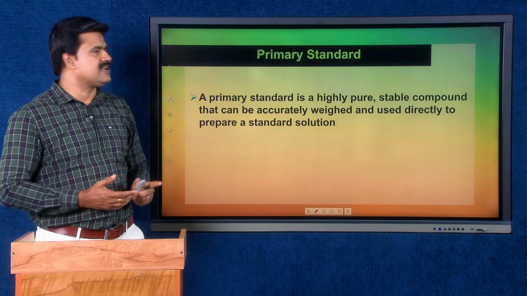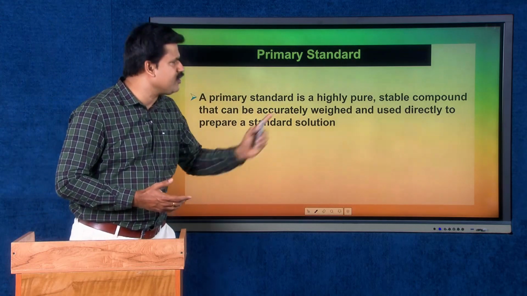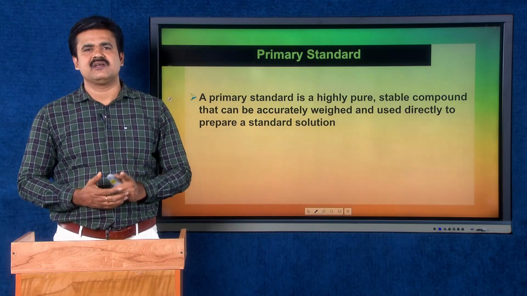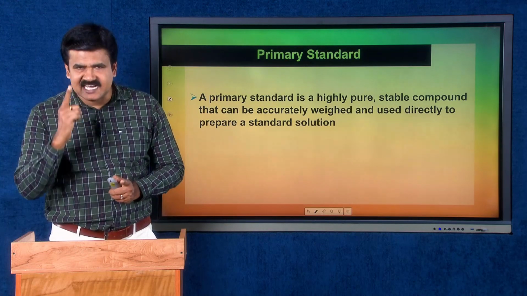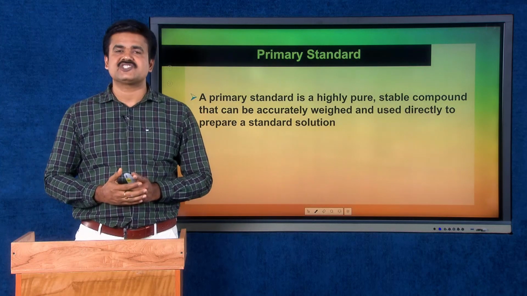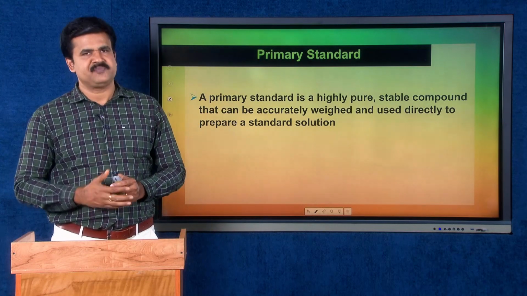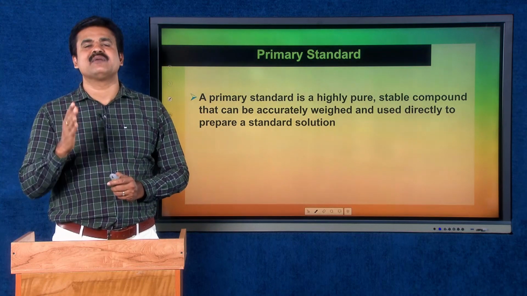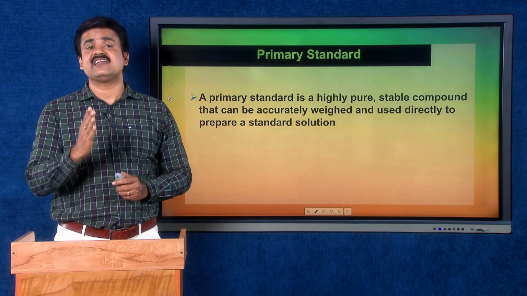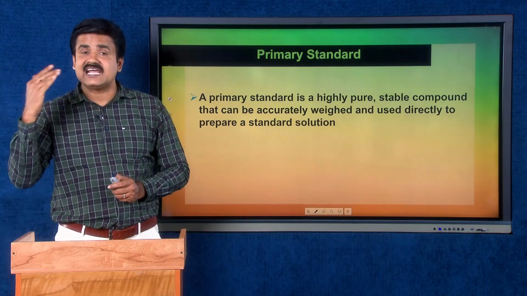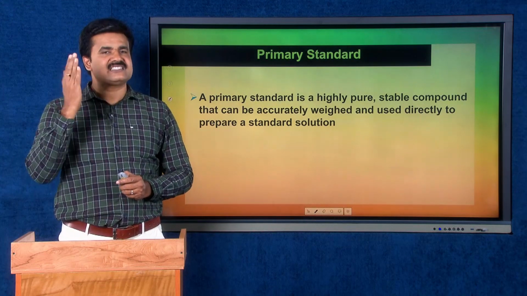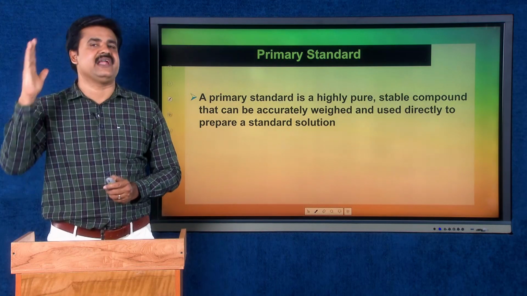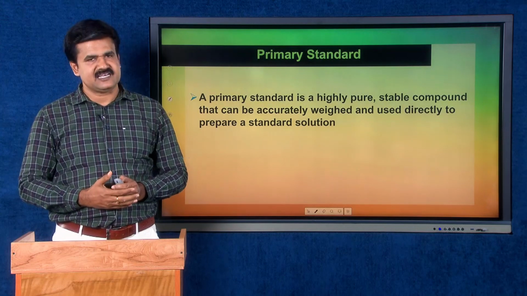A primary standard is a highly pure, stable compound that can be accurately weighed and used directly for the preparation of a standard solution. That is, with the help of primary standards, that primary standard can be easily converted directly to a standard solution. So, a material from which a standard solution can be prepared is called the primary standard.